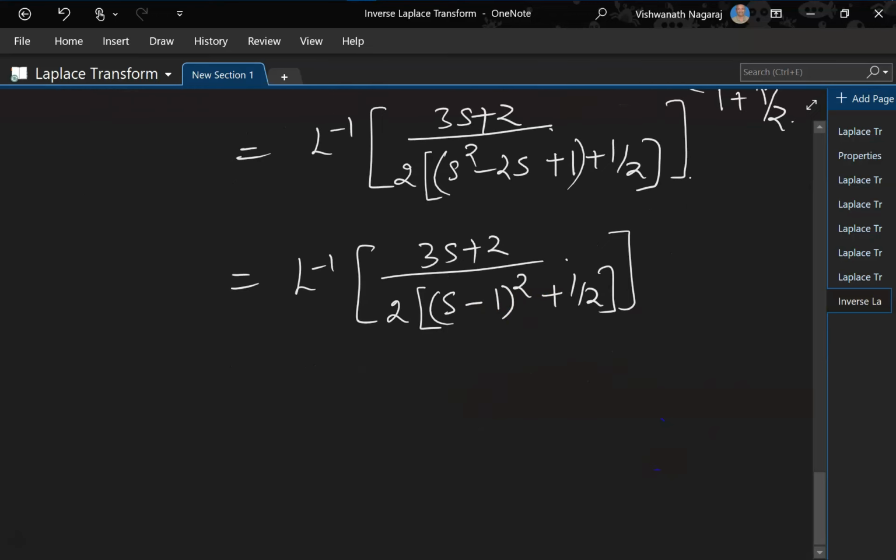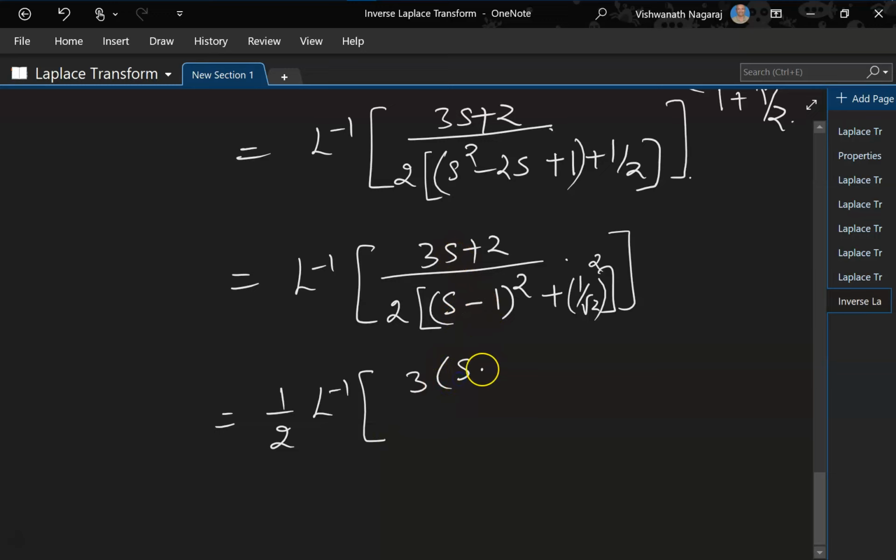Okay, so now what do we do? Remember, if this is also a square, it will match one of our Laplace transforms. So 1 by 2 is a square of what? 1 by root 2 square. Now let's take out 1 by 2. So 1 by 2 Laplace inverse of 3. Now s minus 1 also we want on top, right?